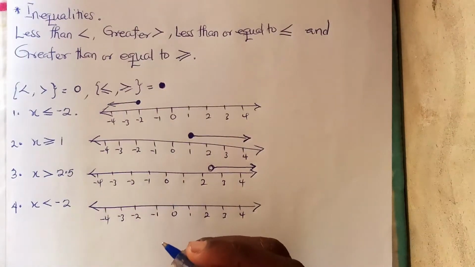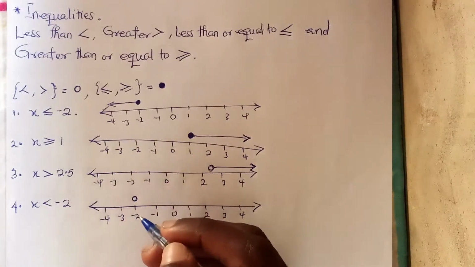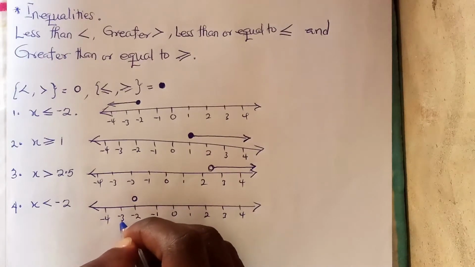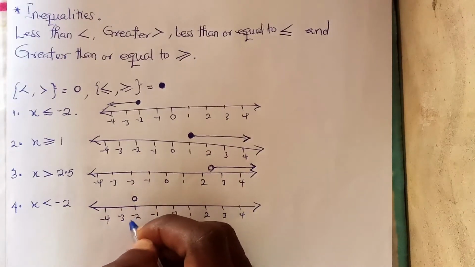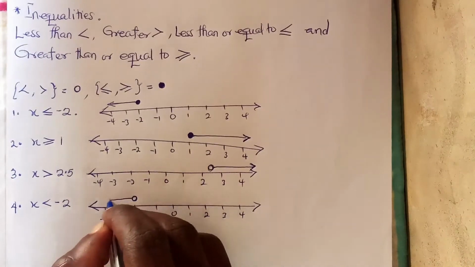Where x is less than minus 2 shows that minus 2 is greater than x. So therefore, minus 3 is less than minus 2. Minus 4 is also less than minus 2. So the direction moves this way.